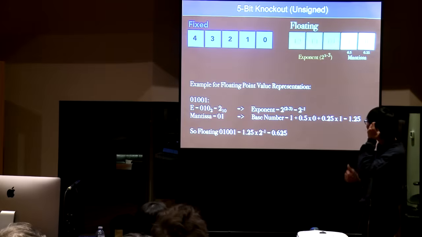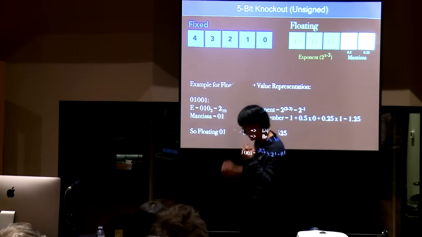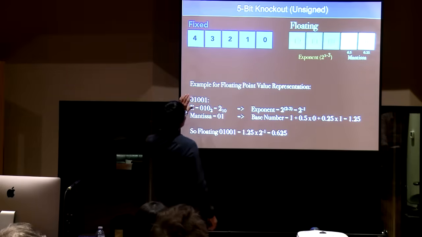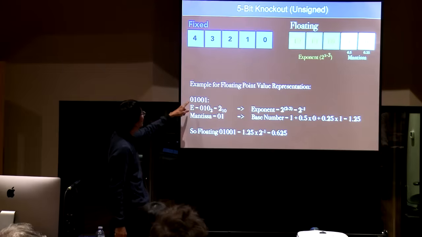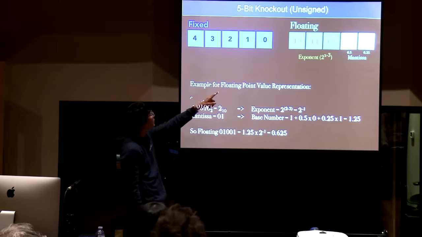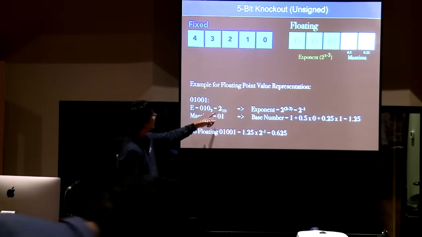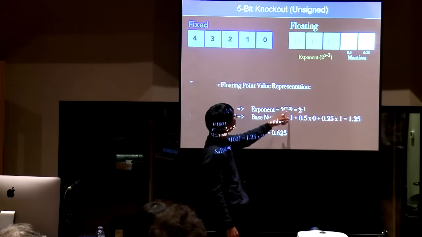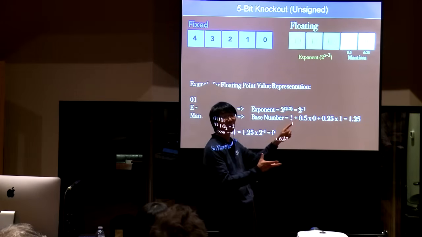Still? Good. So an example for the floating point value representation. Let's say you got a number of 01001. The exponent part will be 010, which is a 2. So 2 to the power of 2 minus 3 is 2 to the minus 1. That's the exponent part.